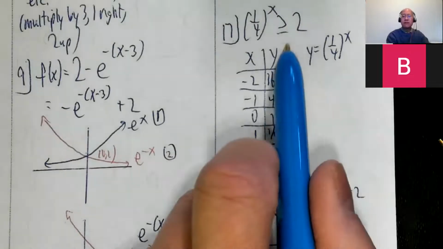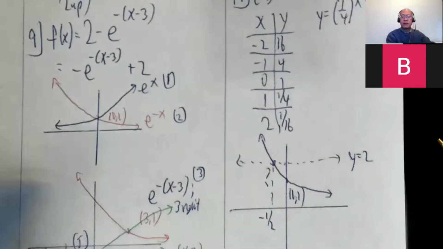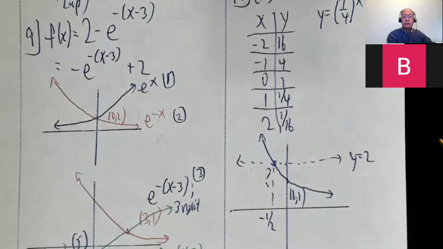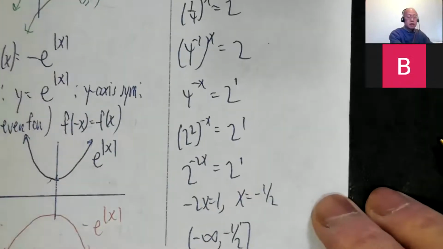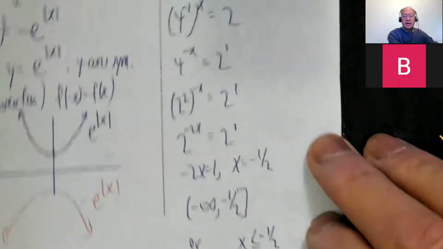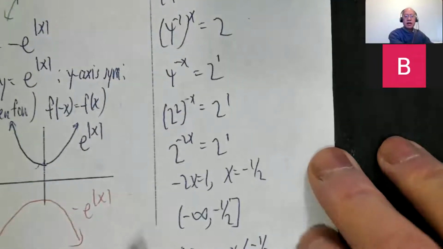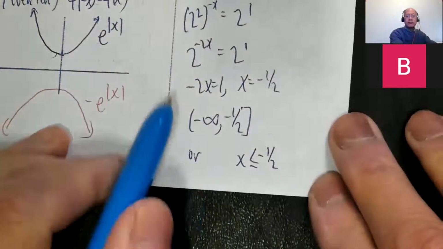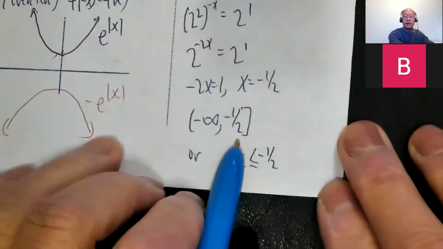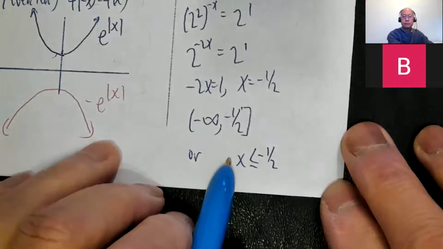And now when is the graph bigger than 2? Well, that's everything to the left of it, which means x is less than or equal to -1/2. Okay. So I want x less than or equal to -1/2, or -∞, comma, -1/2 bracket. Like so.